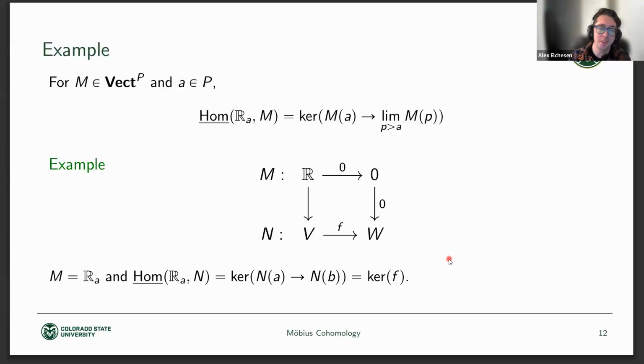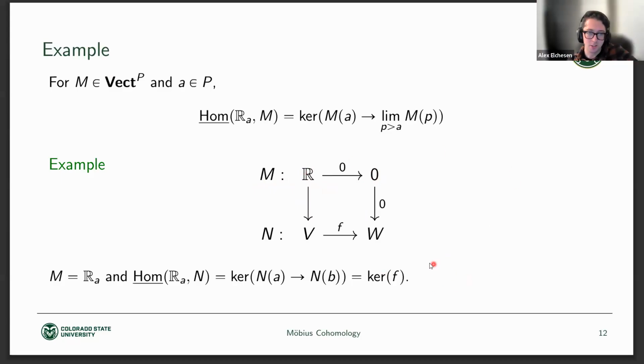Okay, so let me give you an example, the example we did before. In this case, we had a simple module. M was a simple module where A is this left point, B maybe is this right point, and then we just have a copy of R at A and 0 everywhere else.